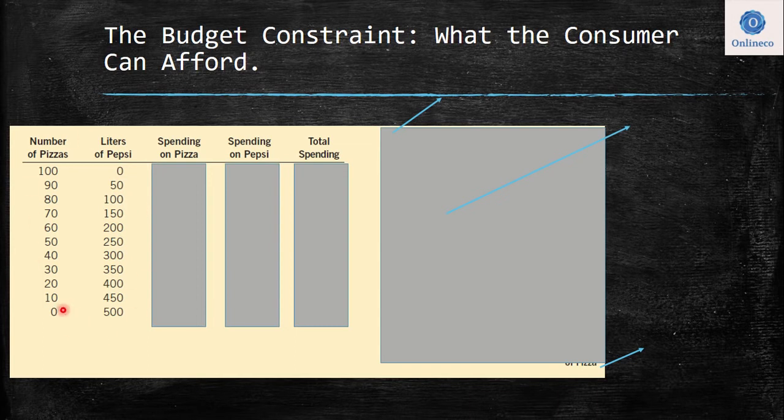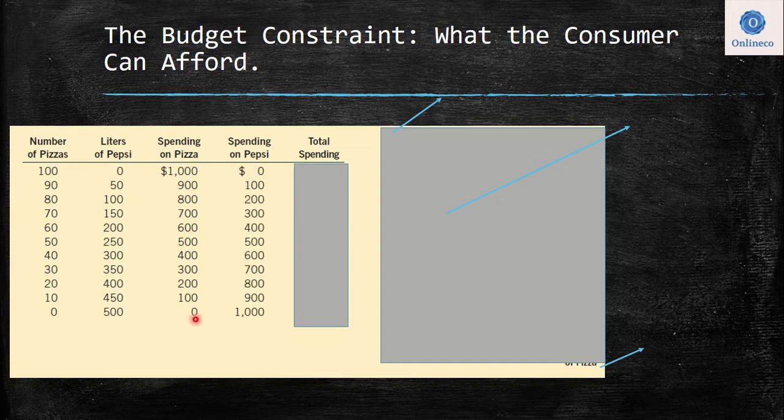Why this combination? Imagine that you consume 100 pizzas times $10 each pizza, you will get $1,000. Then 90 times 10 is 900, and so on, until 0 times 10 is 0. With Pepsi it's exactly the same. You will have 50 times 2, which is 100.